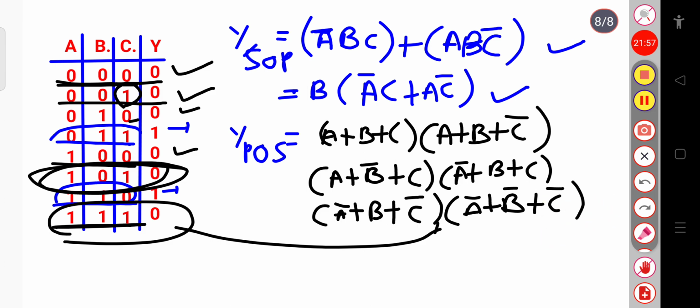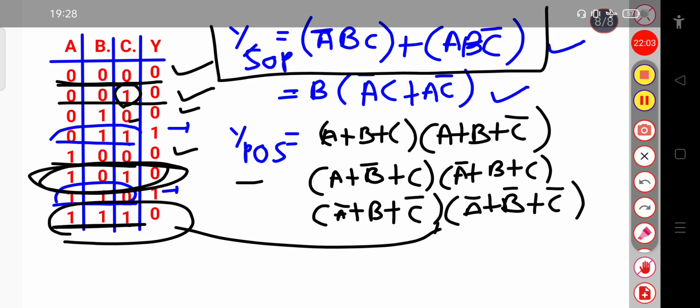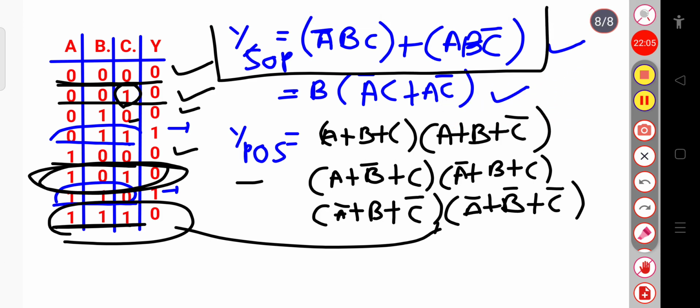So this is the canonical representation of Y POS, and you have already calculated Y SOP in the minimized form, and also the canonical terms. Here we have considered only 3 terminals. Since there are 3 terminals, there are 2 power 3, that is a total of 8 possibilities.